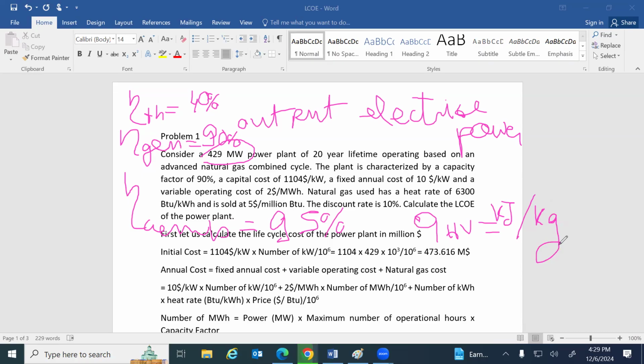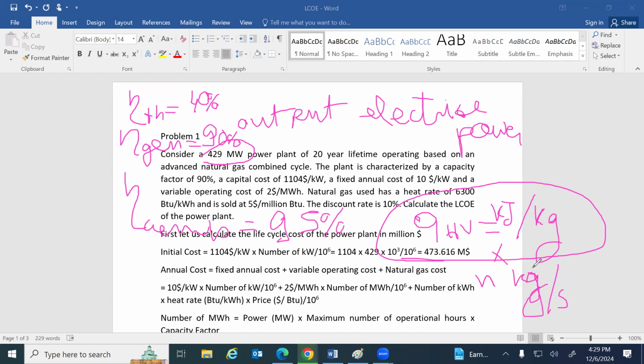Okay, exactly. So you have the heating value, and you have, let's say, the number of kilojoule per second that I'm burning. So if I multiply, when I consider this and I multiply, I can find the number of kilograms I'm burning per second.